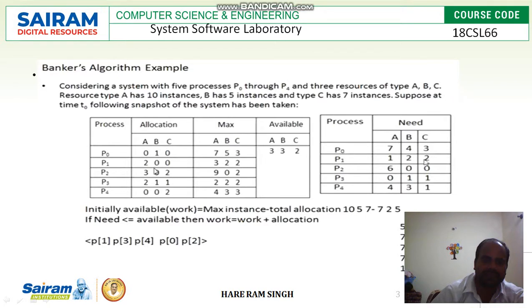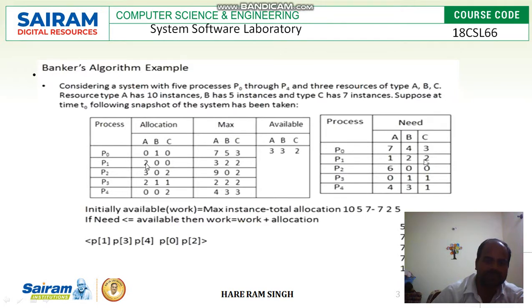Now let us see the allocation matrix. Suppose 0 instances of resource A, 1 instance of B and 0 instances of C are allocated to P0.